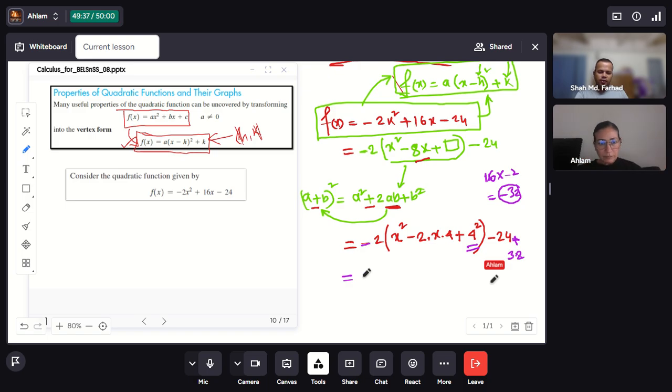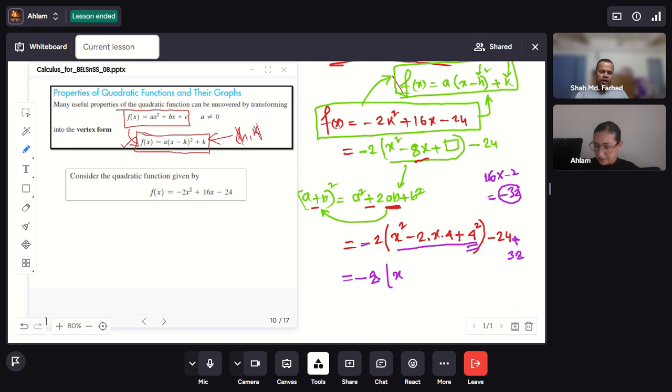So we have here negative 2, and then from here we can rewrite this as, if we consider x as a and 4 as b, then we can say x minus, since we have here a negative sign, so it will be minus here.